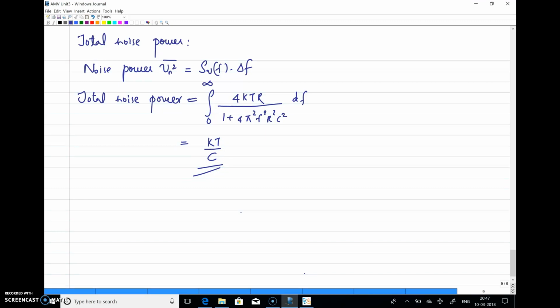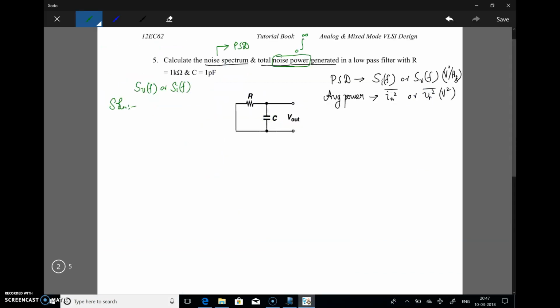You can use the integration formula: a square by x square plus a square. The integral of this is 1 by a tan inverse x by a. Please try to solve this, and you will get that the total noise power is kT by C. So the question was to find the noise spectrum, which we obtained, and the total noise power generated, which we also obtained.